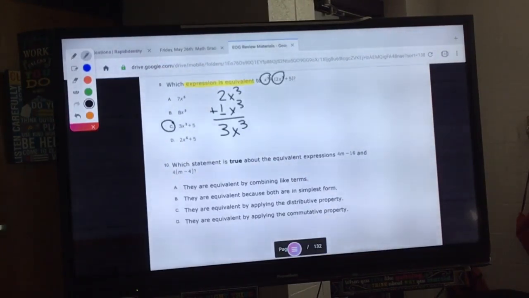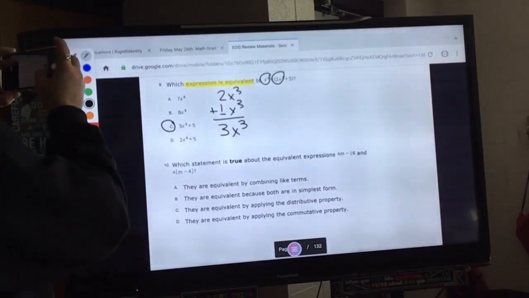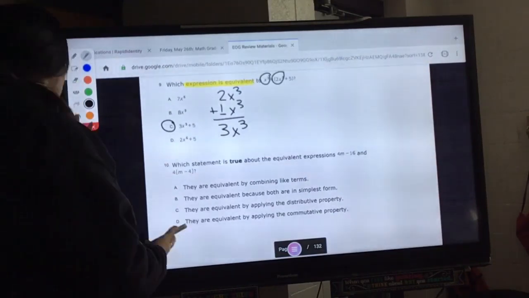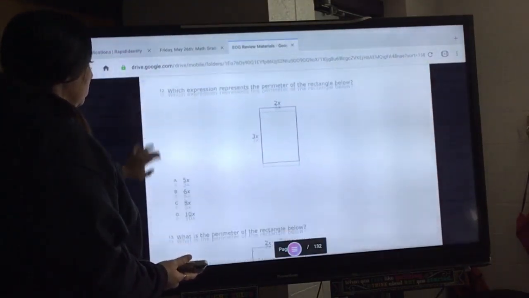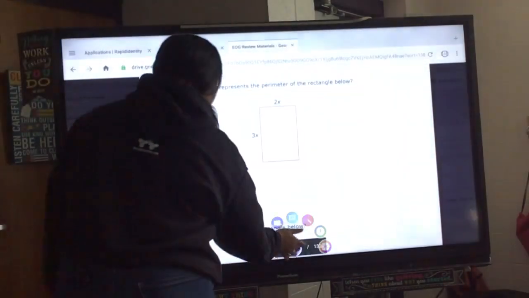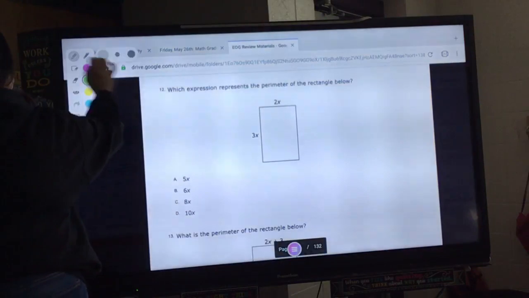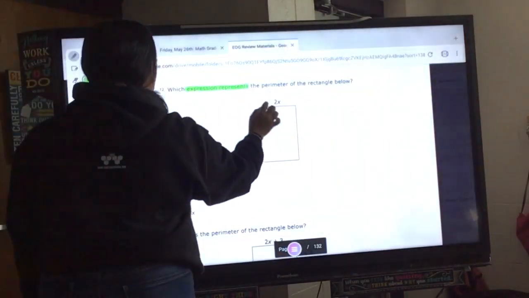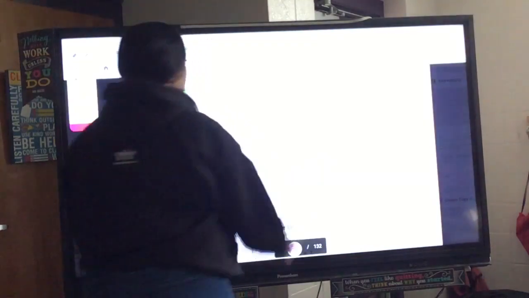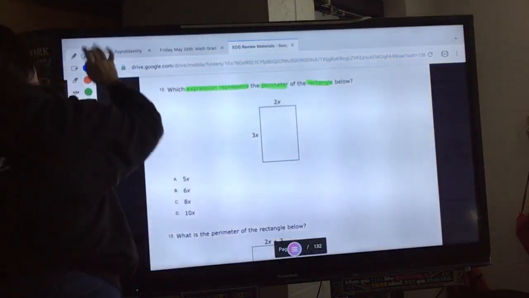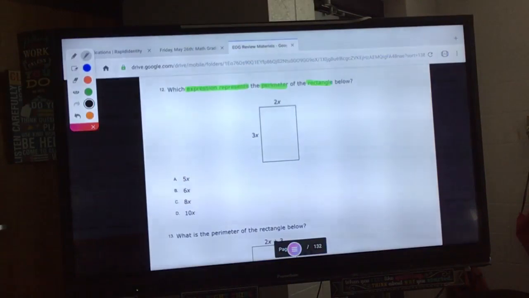Go to number 12. Which expression represents the perimeter of the rectangle. Again, what type of question is this?